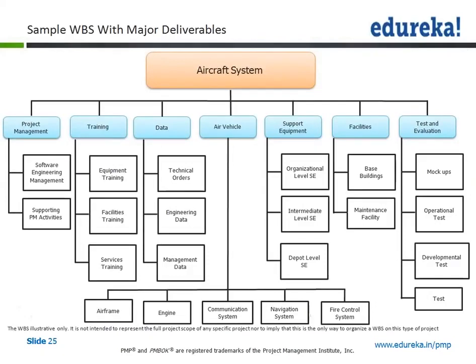This is the third illustration to you on the work breakdown structure. And now let us look at this work breakdown structure, which is of good interest. So the first was from the work packages perspective, the second was from the phase perspective. Now the third one is from the major deliverables perspective.